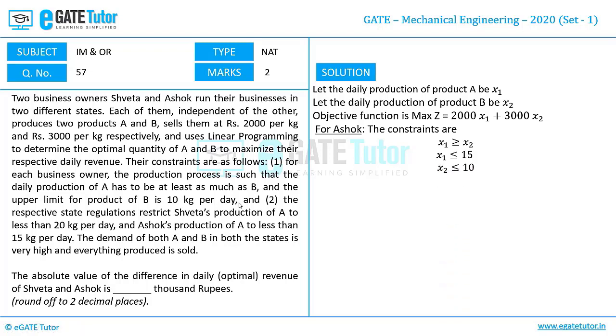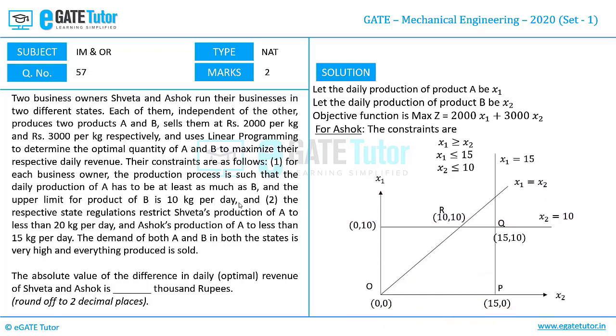When we plot these three constraints on a graph of x1, x2 axis, we get this one, where this horizontal line corresponds to the x2 less than or equal to 10 constraint. This one corresponds to the x1 is less than or equal to 15 constraint. And the line passing through origin corresponds to the x1 greater than or equal to x2 constraint.